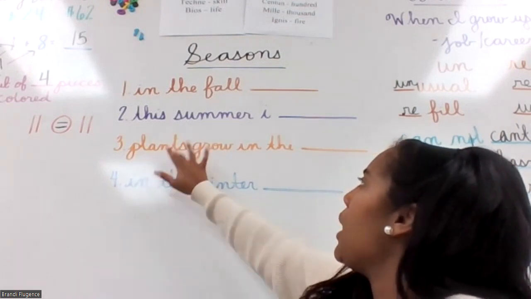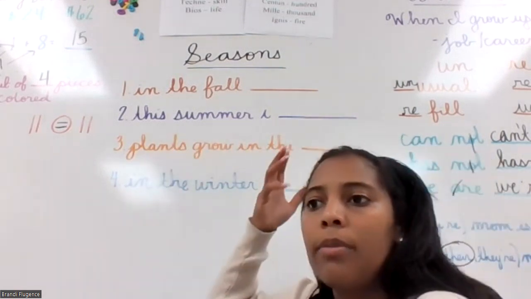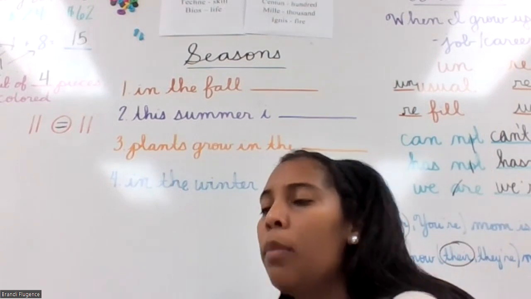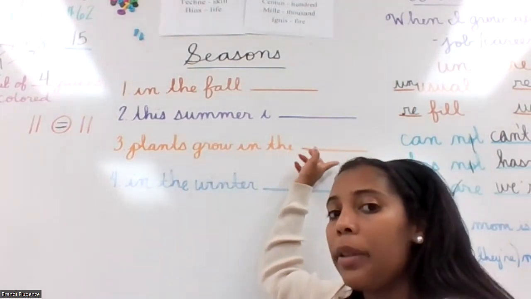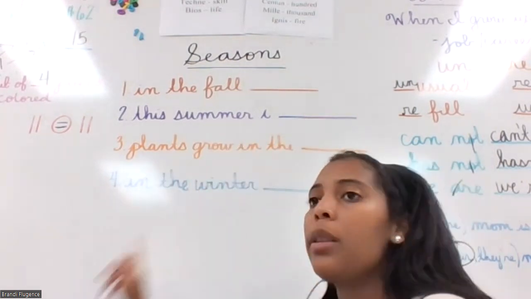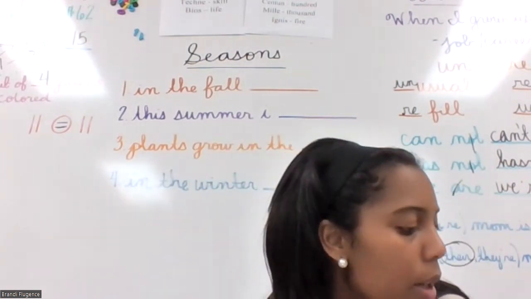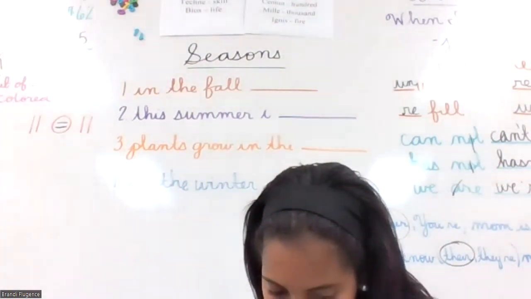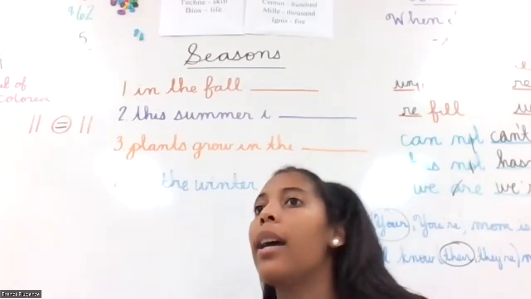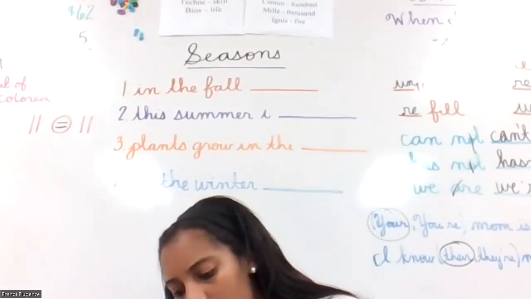Good. Number 3, plants grow in, there's only one way we can answer this. So plants grow in the spring. If you didn't put in spring, that's not the correct season. The season is spring. And number 4, in the winter. Okay, Asa, in the winter. Plants die. Kendall, in the winter.